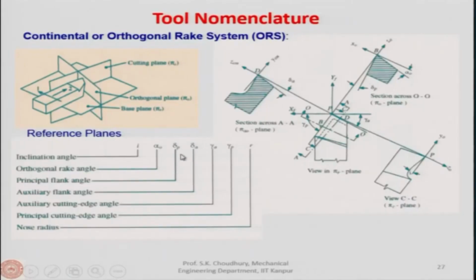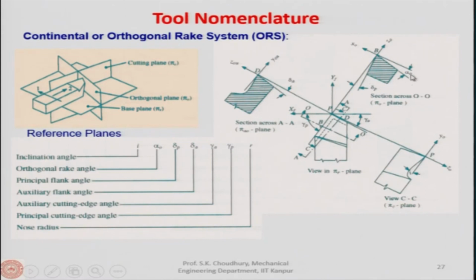Similarly, the inclination of the flank face will be defined by the principal flank angle. You can see from here, the principal flank angle is here, because this is the principal cutting edge. On this edge, this plane is revealed, and the plane is the orthogonal plane.